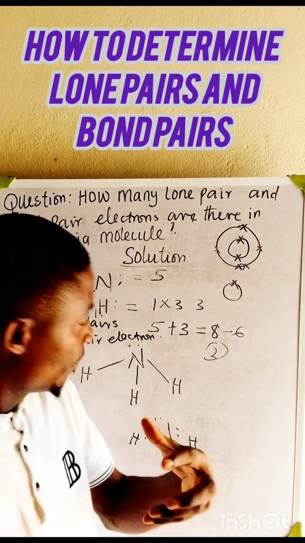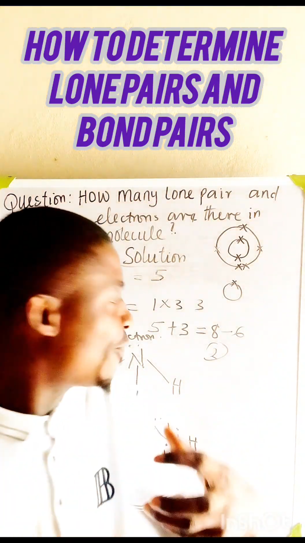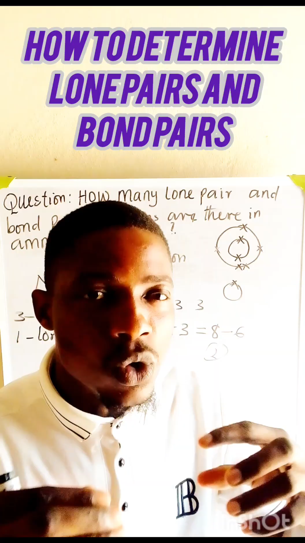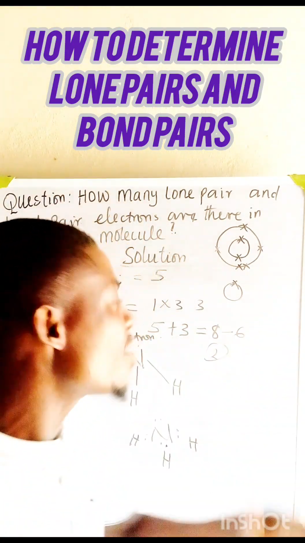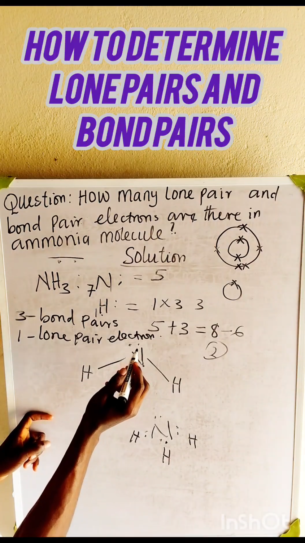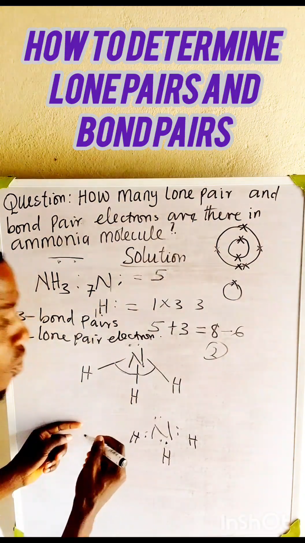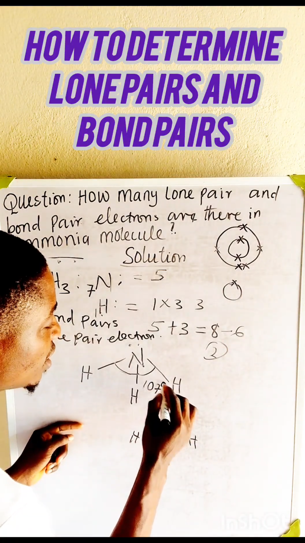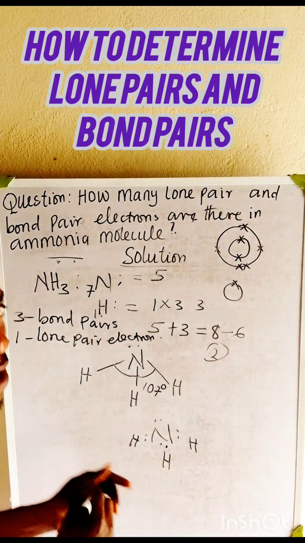Now, other questions that might come up from this structure is, what is the bond angle in ammonia molecule? The bond angle is very simple to determine. Look at this. Because of the effect of this lone pair electron, this angle is 107 degrees.